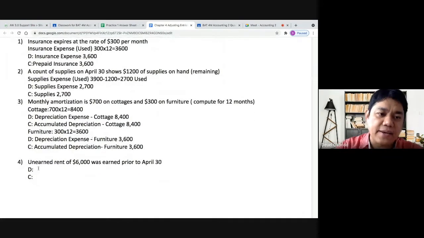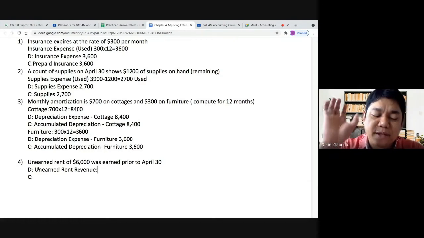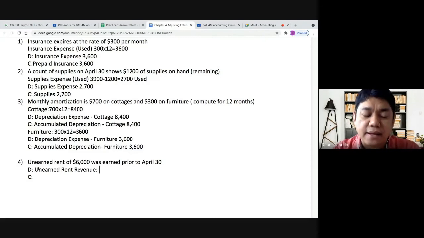Very good. So here, unearned rent revenue. It's like when we are paying an accounts payable. Accounts payable will be on the debit, right? So the amount is how much? As I said, $6,000, right?